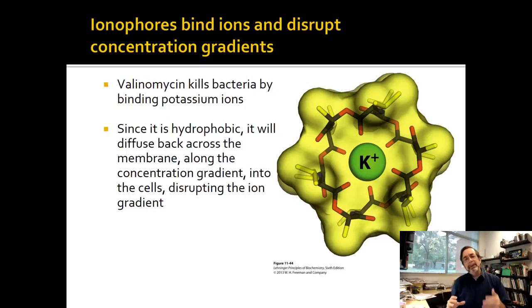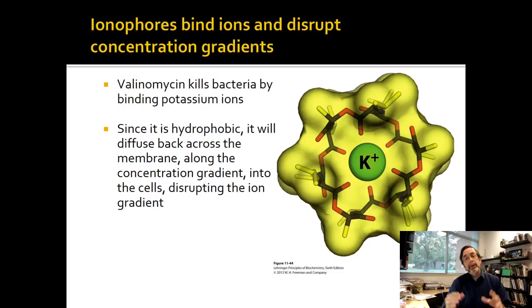And that means that it can act like a channel. It can bind the ion, and once it binds the ion and allows it to pass through the membrane, the ion will move down its concentration gradient, and all the potassium will flow out of the cell without doing anything. Basically, that will kill the cell.